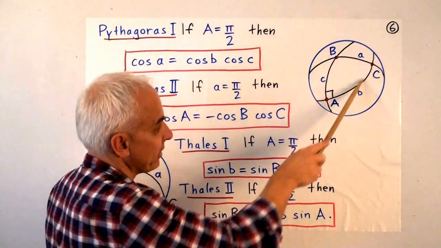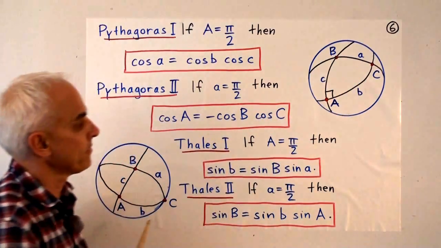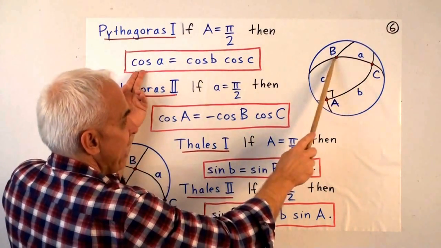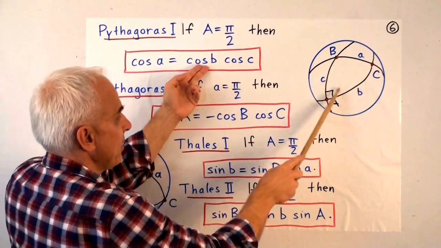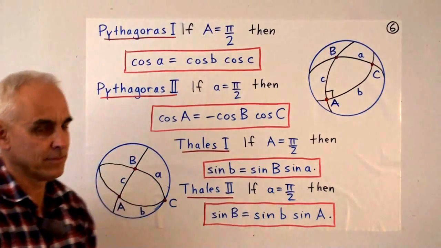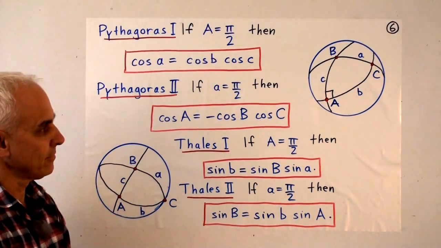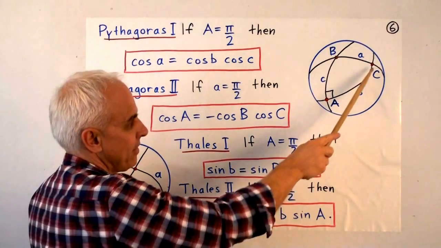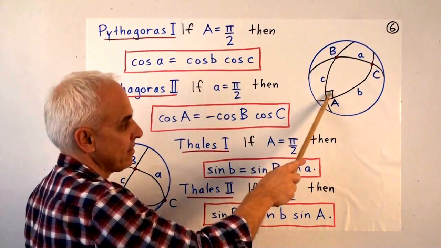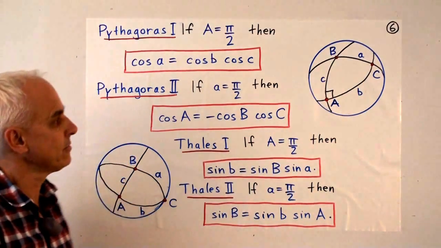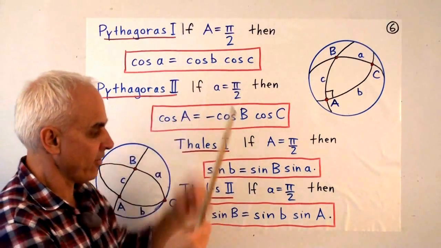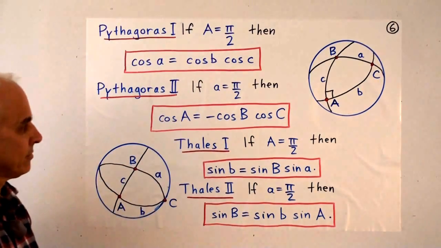Then things simplify a little bit in this triangle. Here's the relationship. Cosine a equals cosine b times cosine c. So there's the hypotenuse and the two sides adjacent to the right angle. Cosine of the hypotenuse equals the product of the cosines of the two sides.